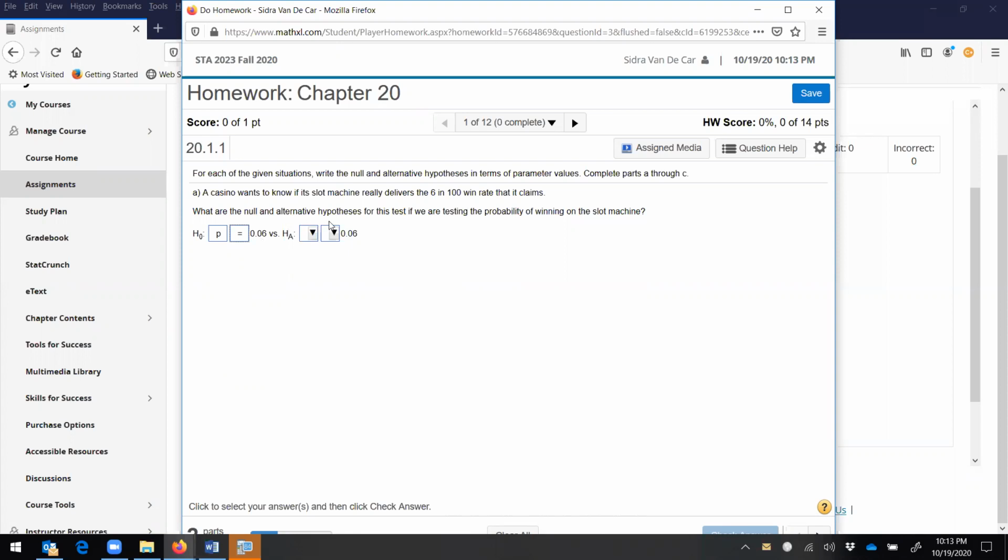Now, we want to know if it really delivers that. In other words, we think it might be lower. That's the implication of that statement. Because if the slot machine were paying more, we wouldn't be unhappy about it, right? So our alternative would be that the population parameter is more than the 0.06 value.